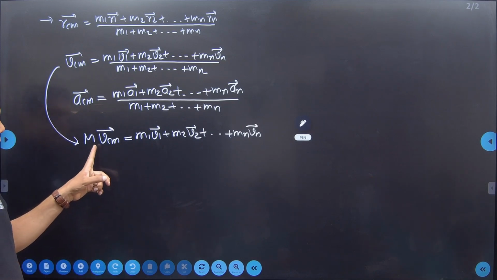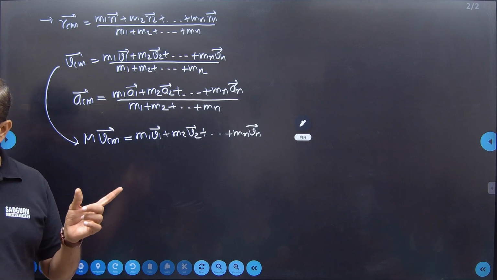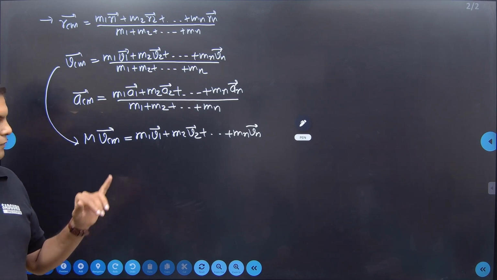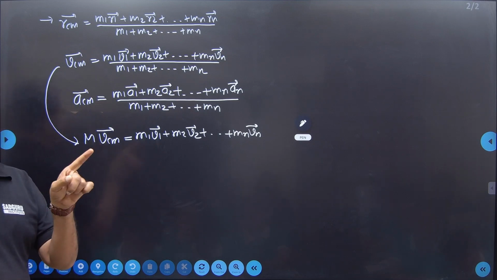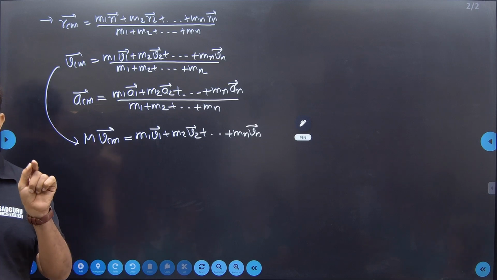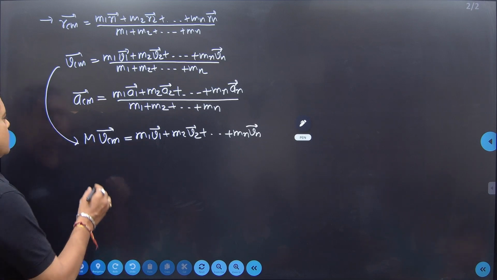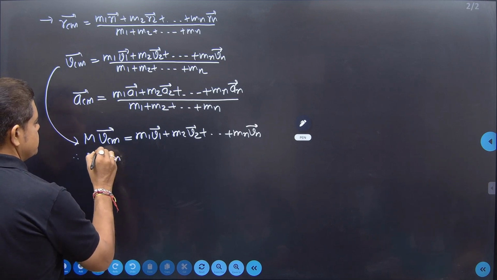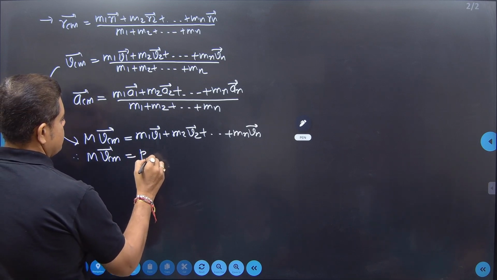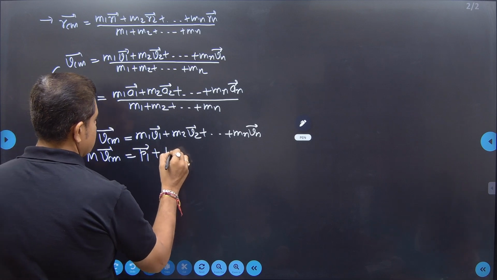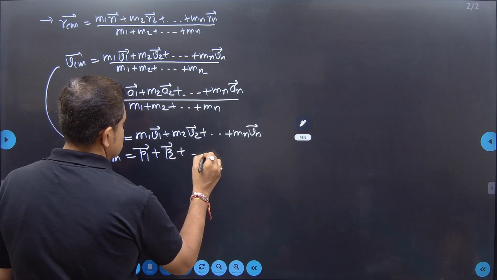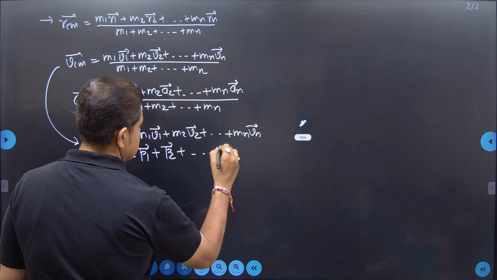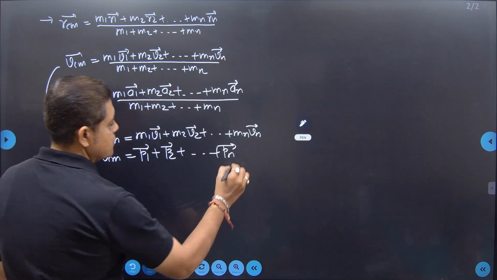Here M is the mass of the total system, but the velocity is the velocity of that particle which acts as the center of mass. So M vcm is p1 + p2 and so on up to pn, that is p.